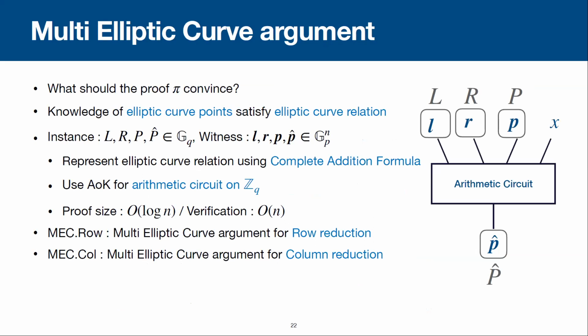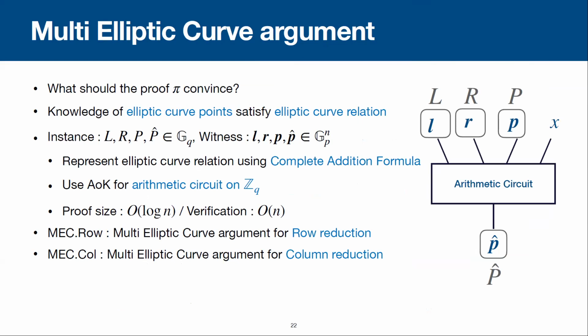Then what should the proof pi convince? The proof pi convinces that we know an elliptic curve point satisfying the elliptic curve relation. The instance is an element of GQ, and the witness is an element of GP, and the large one is the commitment of the small letters.